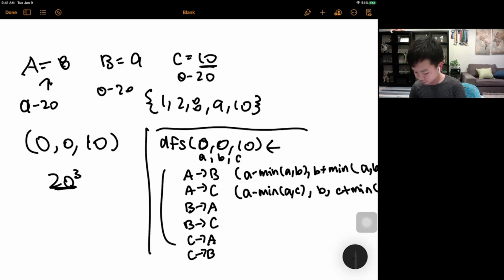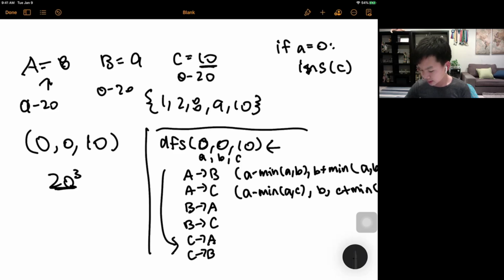Before we traverse into these 6 cases, we check if a is equal to 0. If it's 0, then you have an array or a vector, and you push back c, inserting c into your answer. And then at the end you store your answer and print it.